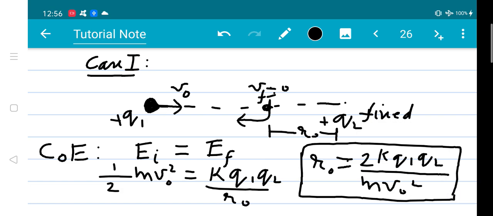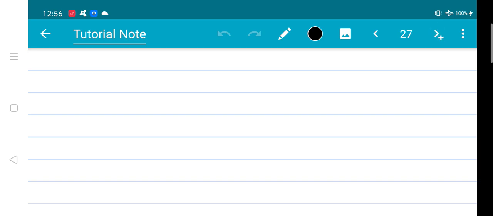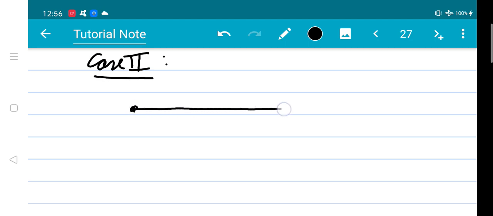Now let us take another case. Let us say that there are two charged particles, Q1 and Q2.